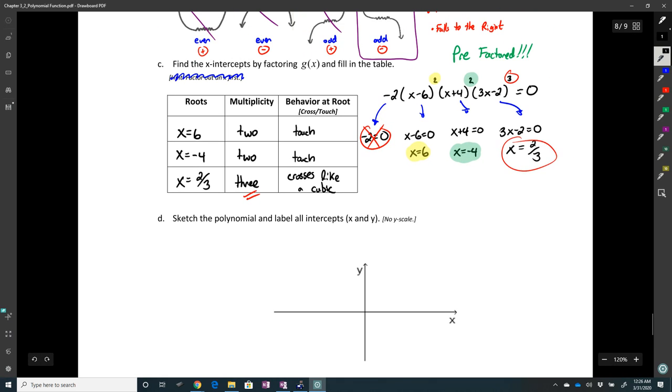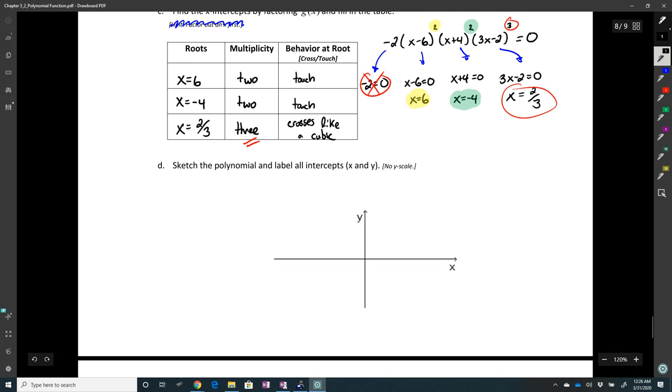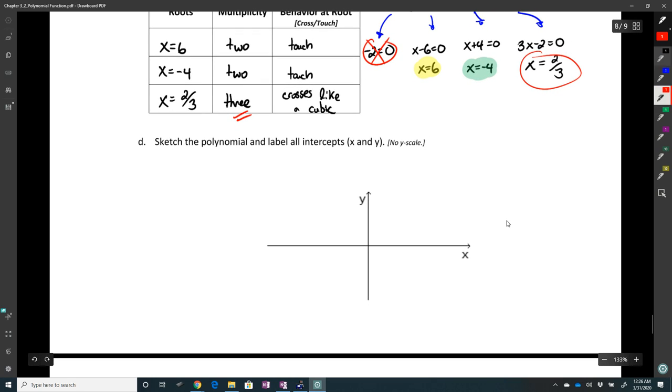So we're going to piece all the ideas together. Looking at my graph, I want to create an accurate x scale. What I mean is, don't do this.